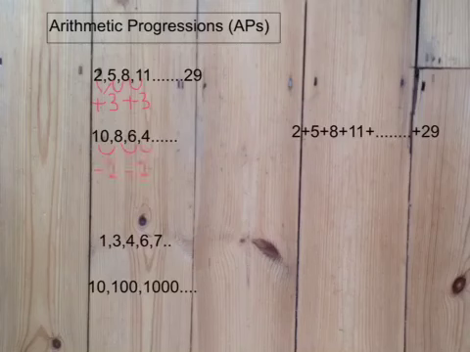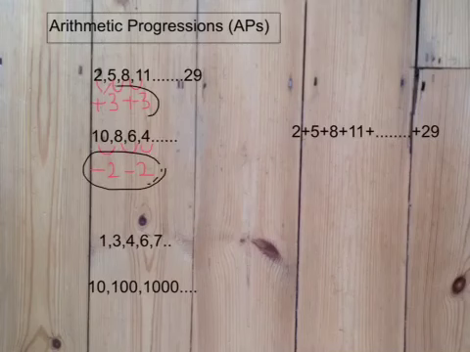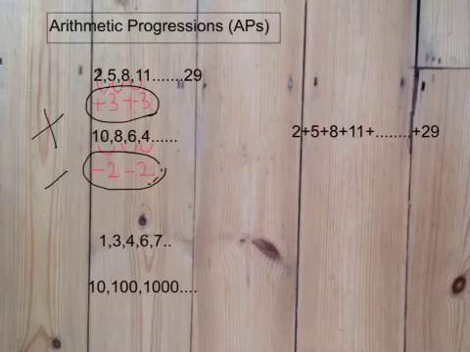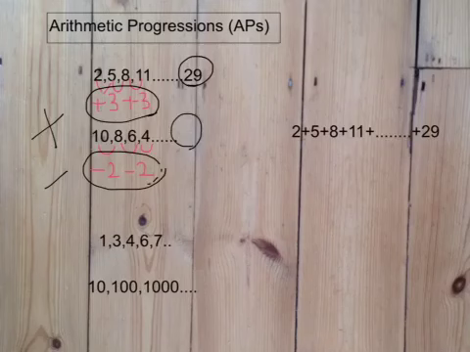So what both of them have is this thing called a common difference, and the common difference is an adding or a subtracting difference, and it's the same each time. So they are known as arithmetic sequences. Now notice that one of them stops, therefore it's called finite, and one of them doesn't stop, therefore it's called infinite.